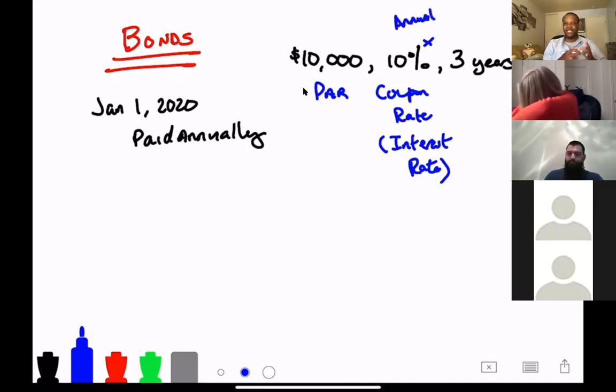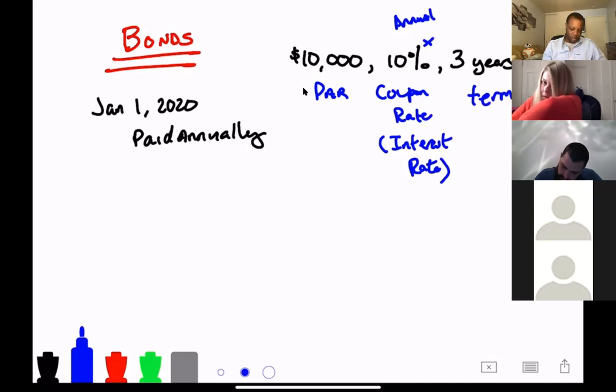What I mean by that is even if it's being paid semi-annually, it's still going to be 10% for the year. So semi-annually, you'd get 5% the first time, 5% the second time. If it was quarterly, you'd get 2.5% the first time, 2.5 the second, 2.5 the third, 2.5. And then this is called our term. Okay? So it's for 3 years.